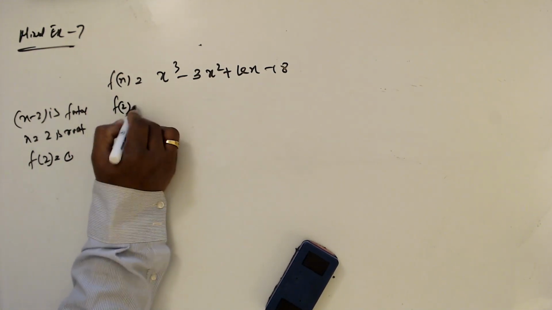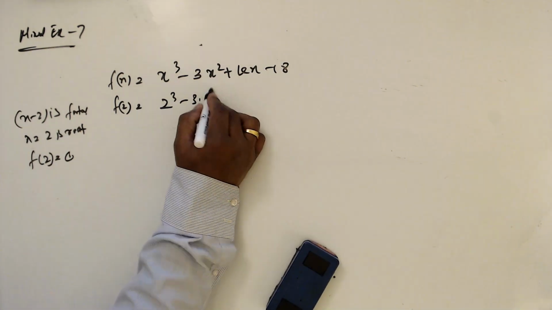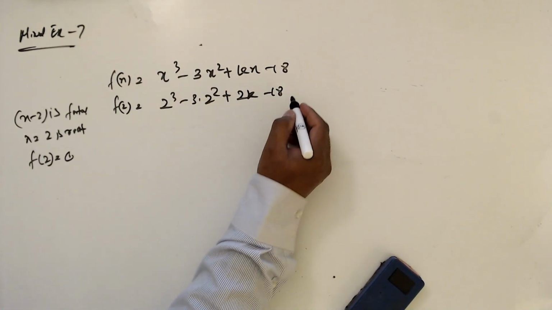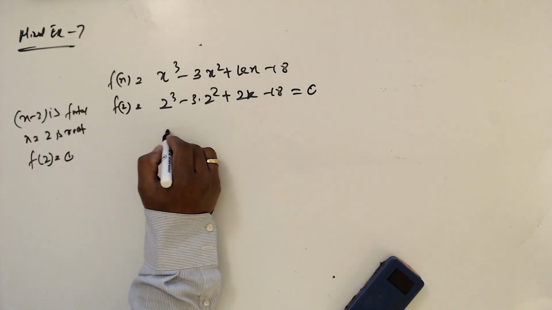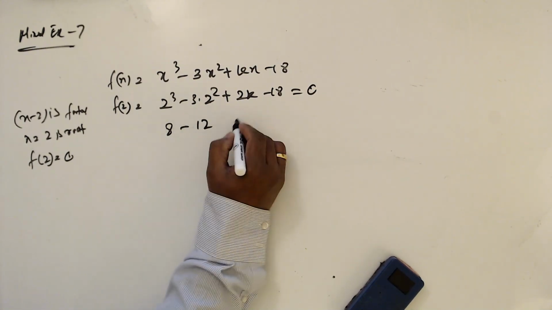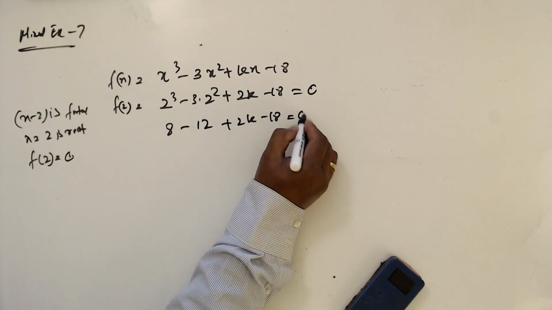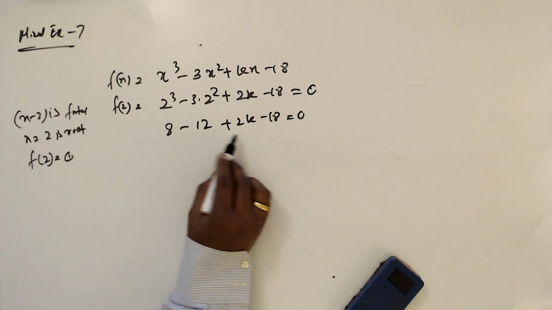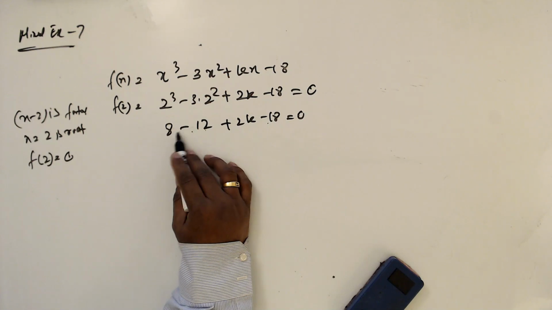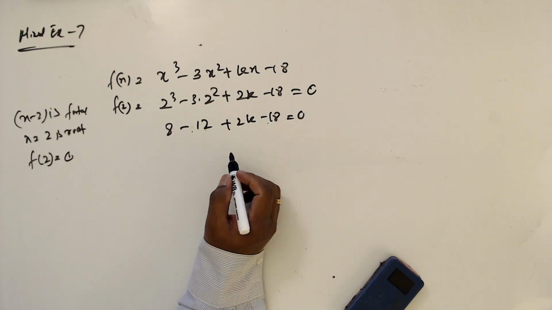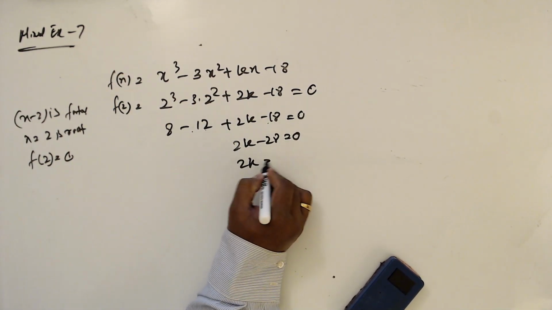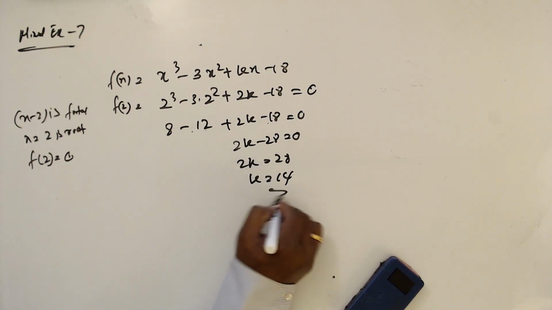So f(2) equals 2 cubed minus 3 times 2 squared plus 2k minus 10, so this has to be equal to 0. So 8 minus 12 plus 2k minus 10 equals 0, so 2k minus 14 equals 0.